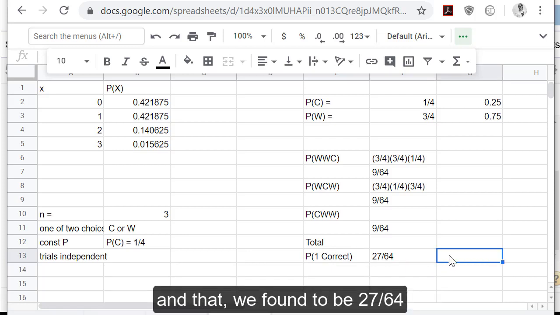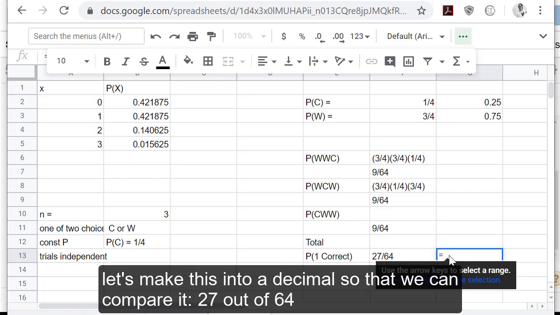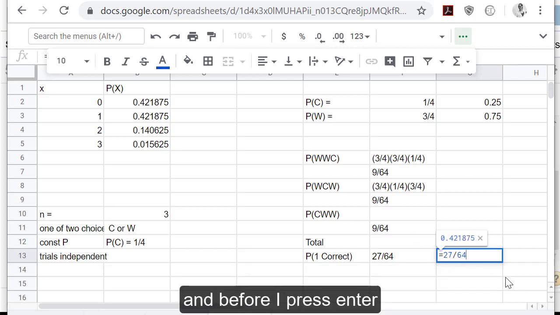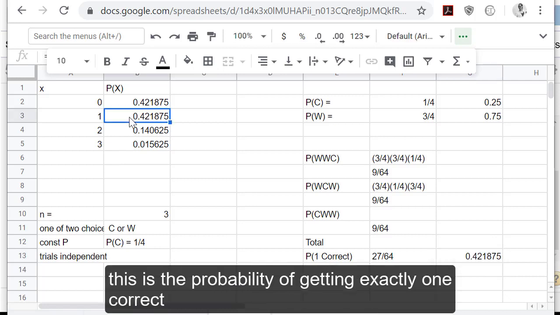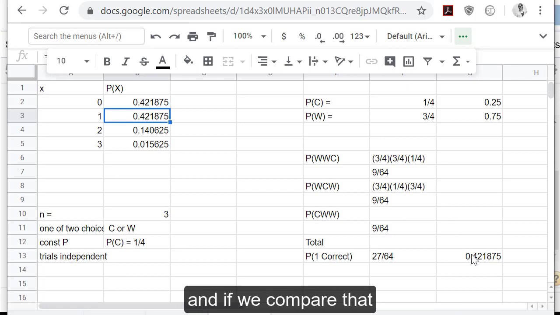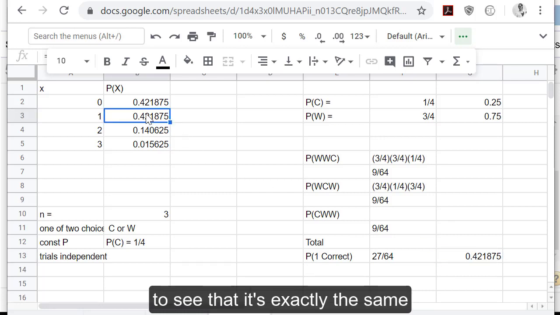Let's make this into a decimal so that we can compare it. Before I press enter, notice that this is the probability of getting exactly 1 correct. If we compare that, we see that it's exactly the same.